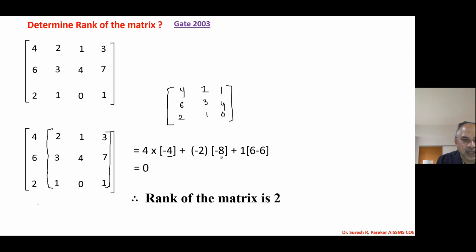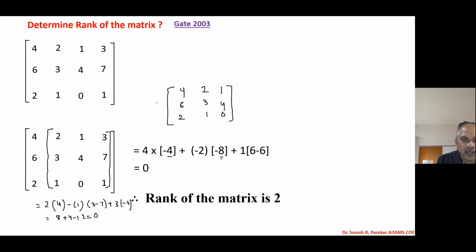So here if you consider it, then you have 2 in bracket 4 minus 0, so we have 4, minus 1 in bracket 3 minus 7, and then plus 3 in bracket minus 4. Then we have 8 minus 4 plus 4 plus 4 minus 12, 0.